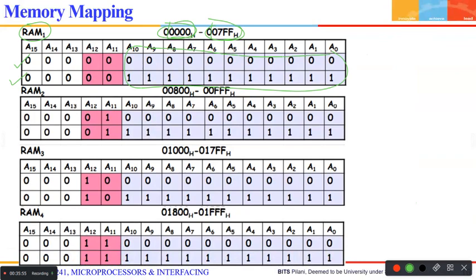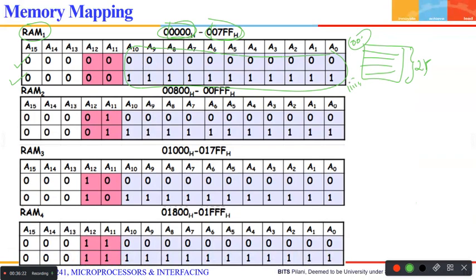You are going to select how many locations? 2K locations, right? 2K location is from 0, 0. Count how much? This much. In hexadecimal, these combinations you have, so your last location is all 1s.